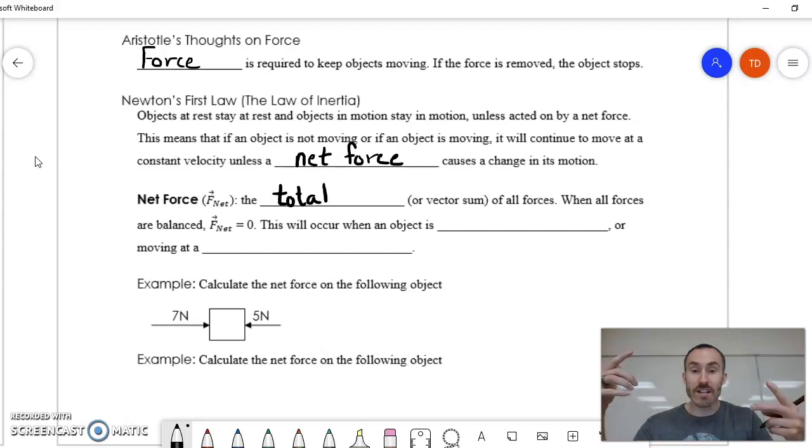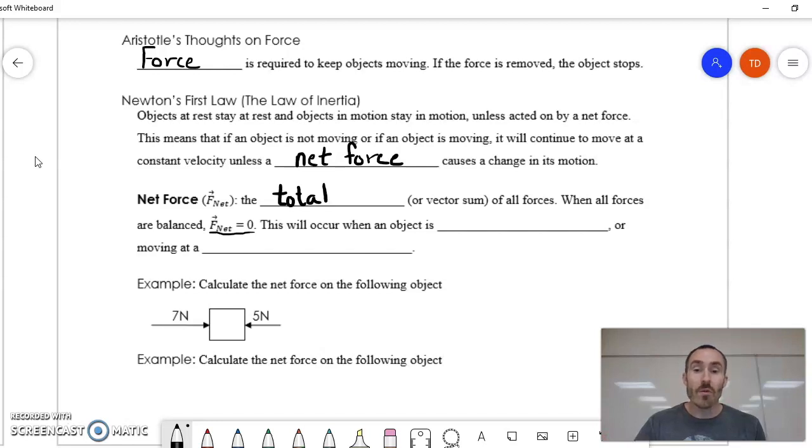Yes, if an object in the middle was being squished by the two of them, it would get squished by 10 newtons on one side and 10 newtons on the other side, but the total force is really still going to be 0 newtons because they're the same and opposite directions. So when all forces are balanced, like the example I just gave, you get F net equals 0. So that means that the total force acting on an object is 0 newtons.